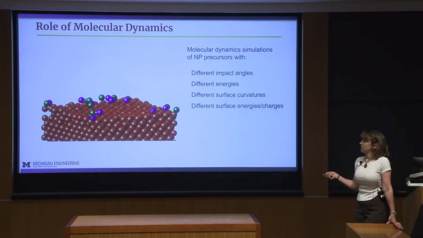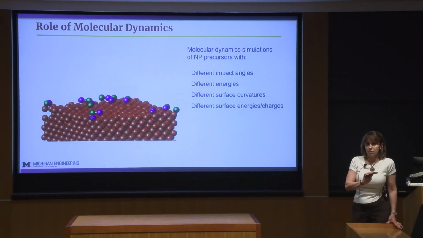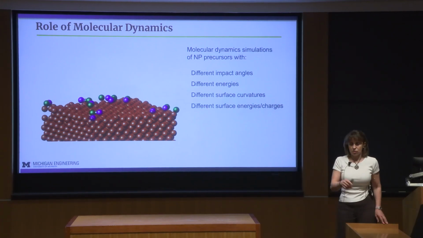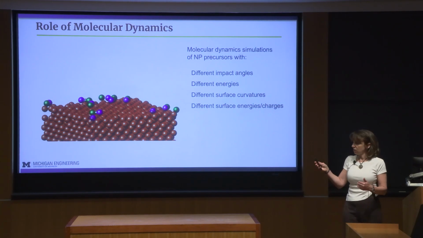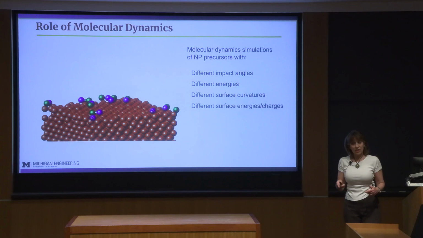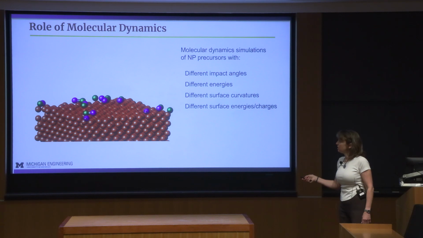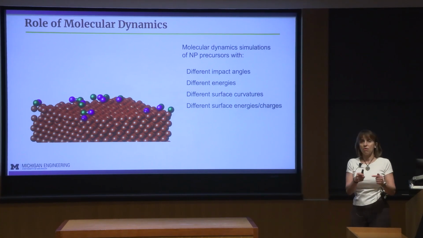You see something bouncing, you see something that just lays and stays there, attaching. Of course, this was an MD without bond breaking and bond making, so it was not a reactive MD. What you see is just the physical interaction between those two. If you add the reactive potential, ReaxFF for example, which I told you about yesterday, then you have a chance to see if these will bind, forming a covalent bond.